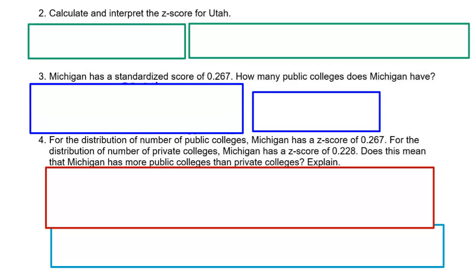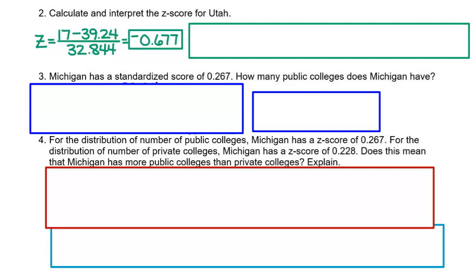What'd you guys get for the z-score? Negative 0.677. Because remember, it's always value minus mean. The mean is bigger, so we ended up with a negative number. Now, how would you interpret that?